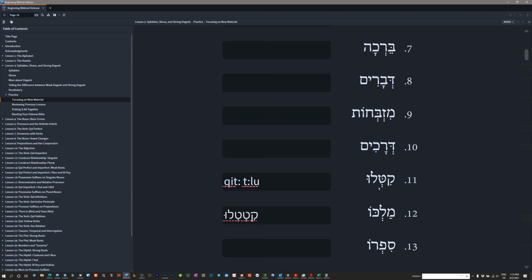I don't want you to think that the doubling Dagesh doubles both the letter and its vowel. That's not what happens. Because what you'll see here is we're not doubling a vocal Sheva and we're not doubling a silent Sheva. This Sheva is actually vocal. How can this be vocal if it's immediately preceded by a short vowel, the Hirik? That's the problem. It's not immediately preceded by the Hirik.